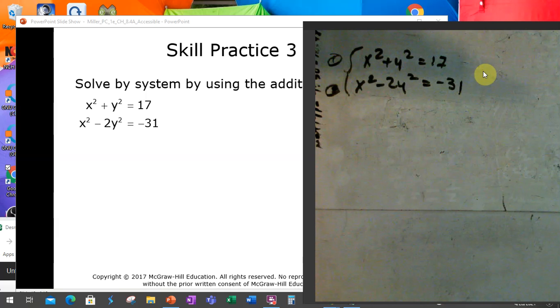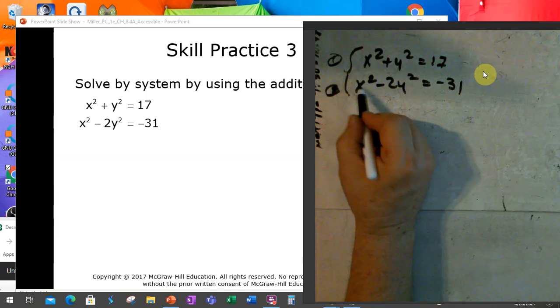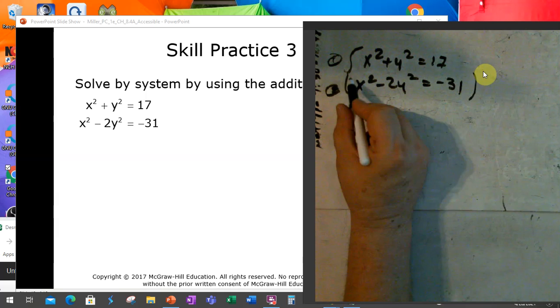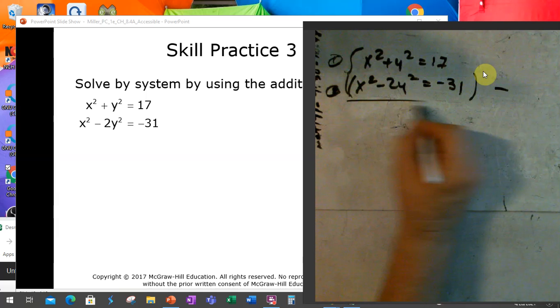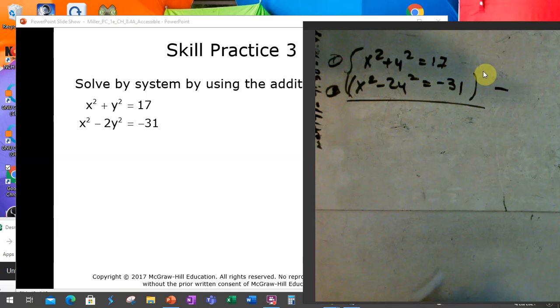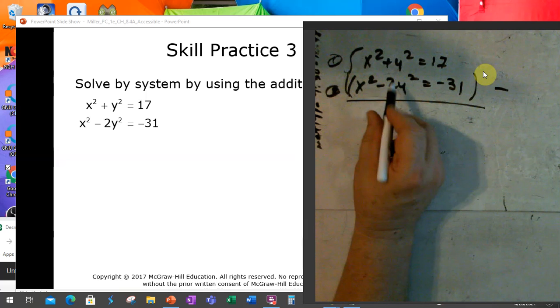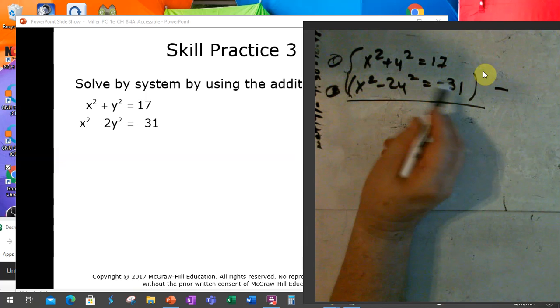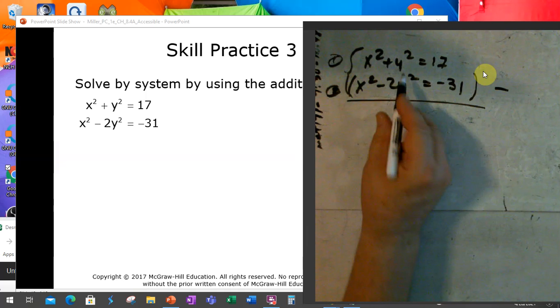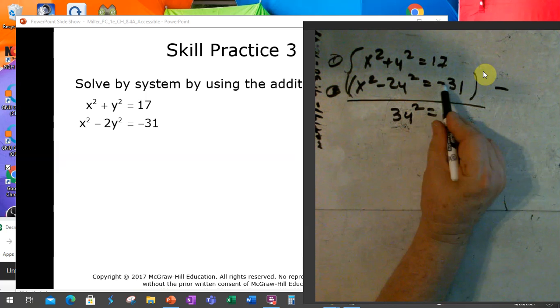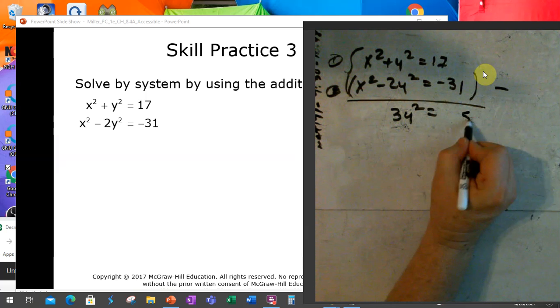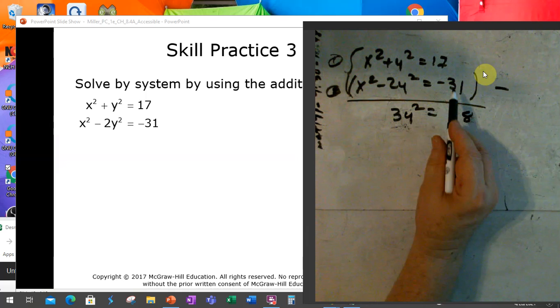So here I've got the very same x squared, so I'm just going to subtract, okay? This minus this is going to get rid of this thing. So I've got x squared minus x squared, that's 0. y squared minus a minus is plus 2y squared. So 3y squared, negative negative is positive 8, and then 48. Okay.